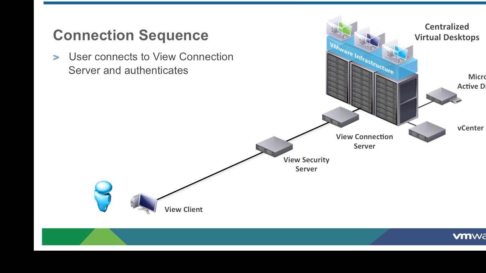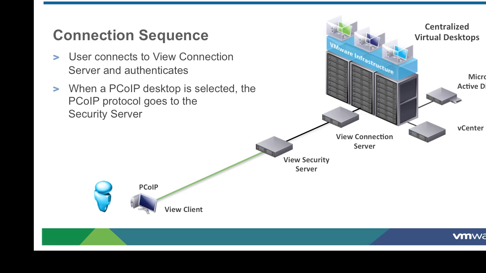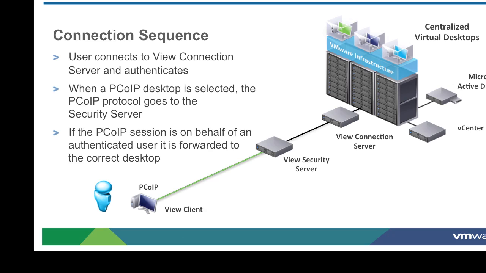So this time the PC over IP connection will be made between the View client and the View security server, and then assuming that the traffic is on behalf of an authenticated user and that the user is attempting to access a virtual desktop they're authorized to access, the View security server will forward that PC over IP connection on to the virtual desktop.